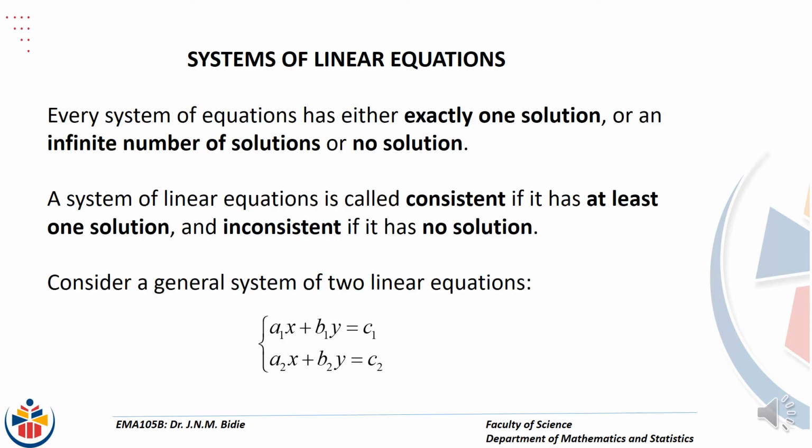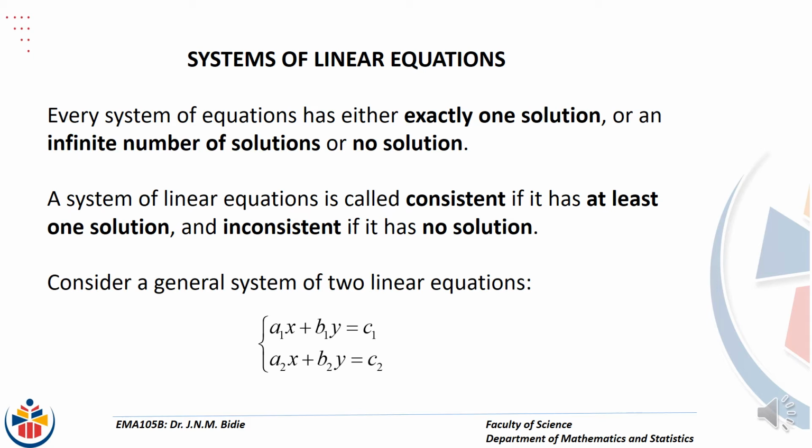Now, we solve systems of linear equations directly. Note that any system falls into one of three categories. It will have exactly one solution, an infinite number of solutions, or no solution at all.